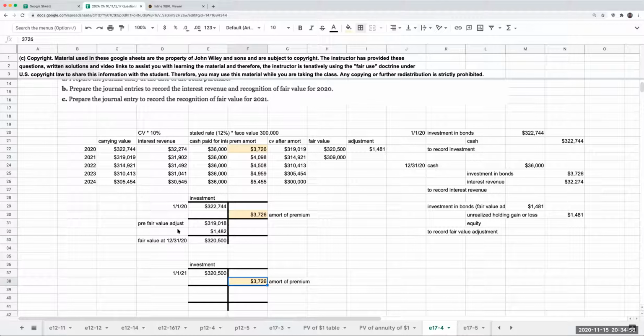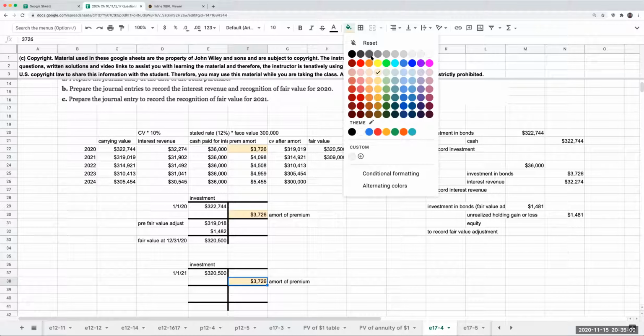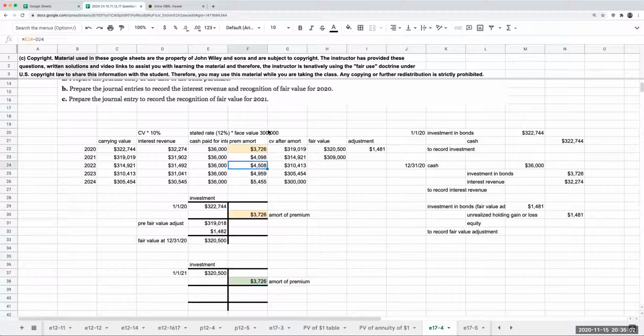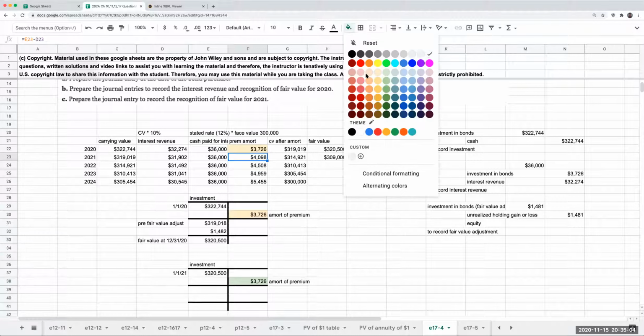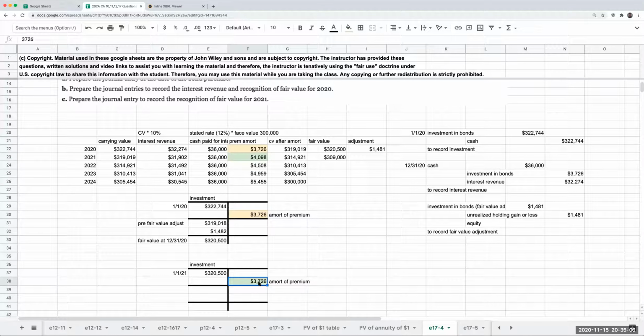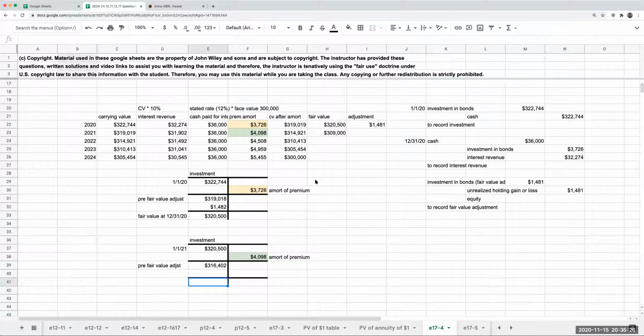I then amortize my premium in this year by 4,098. So my ending carrying value is 316,402.